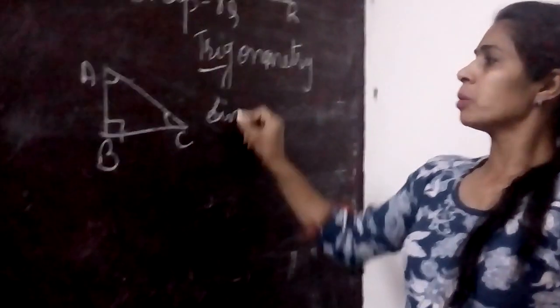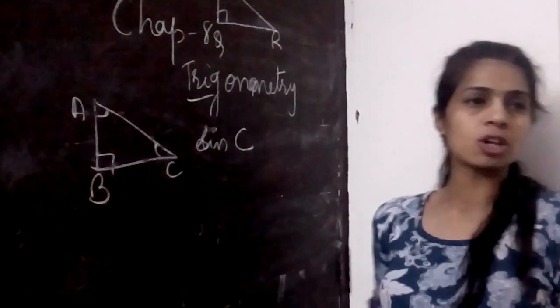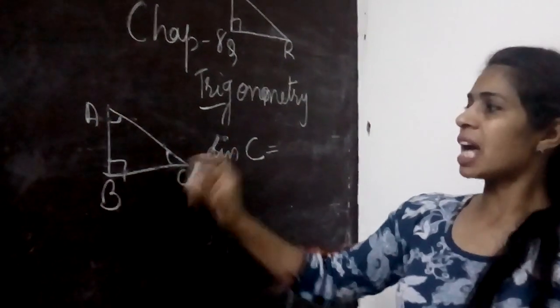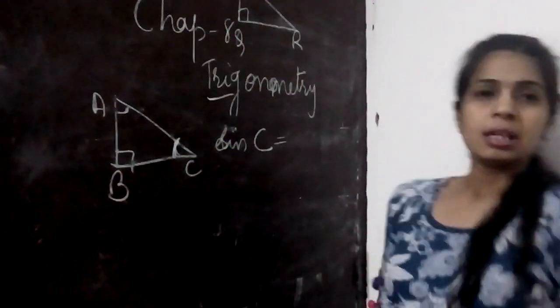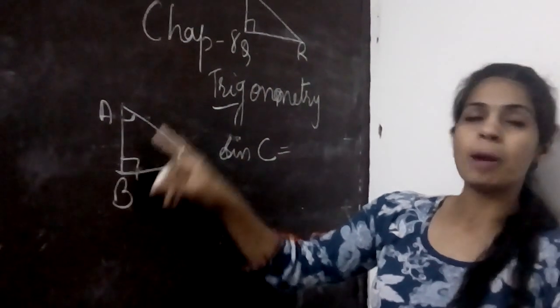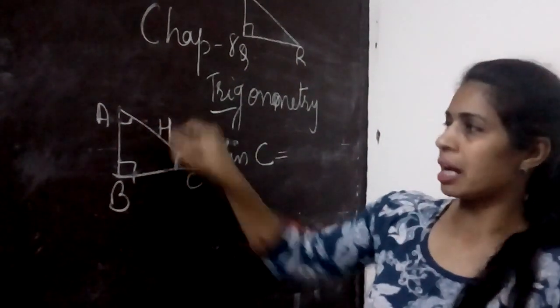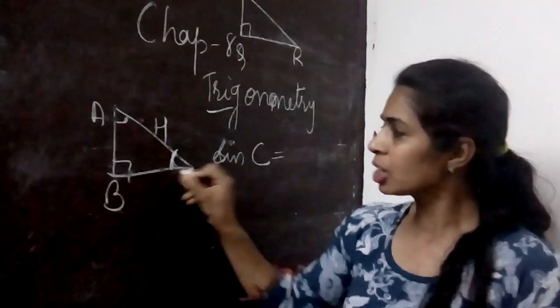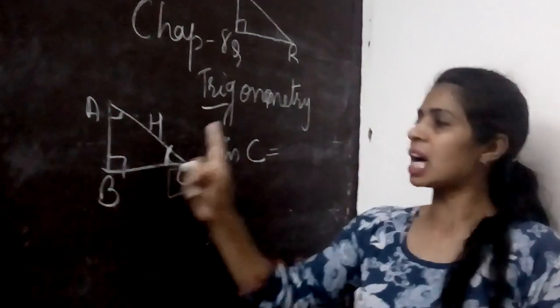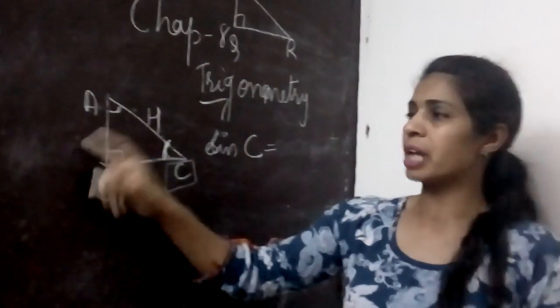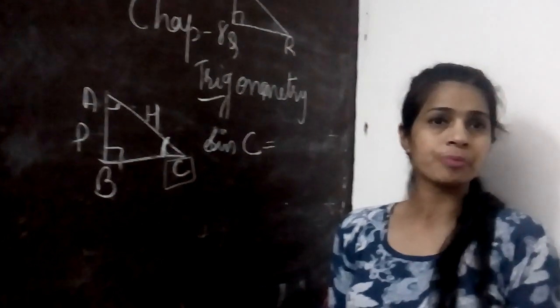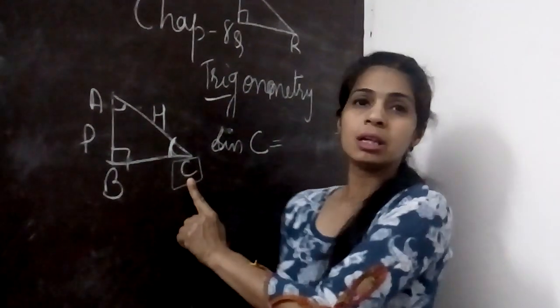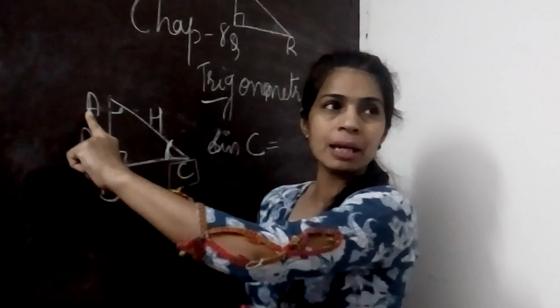Let us talk about sine C first. As we know, the side opposite to the right angle is the hypotenuse. Today you are going to learn that whatever acute angle we are talking about, the side opposite to that acute angle will become the perpendicular. So when I am talking about C, the perpendicular side will be AB.